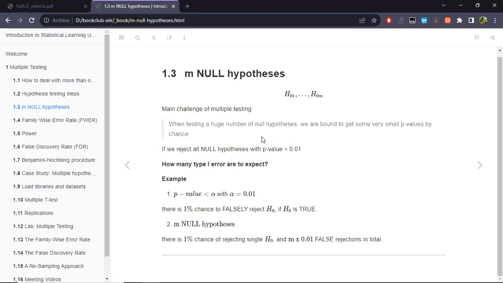So something like you toss a fair coin 10 times, and you get only tails or only heads. It has very low probability, but it can happen. And it is in a way bound to happen if you repeat the experiment a lot of times. So that is what they mean that you get small p-values by chance.